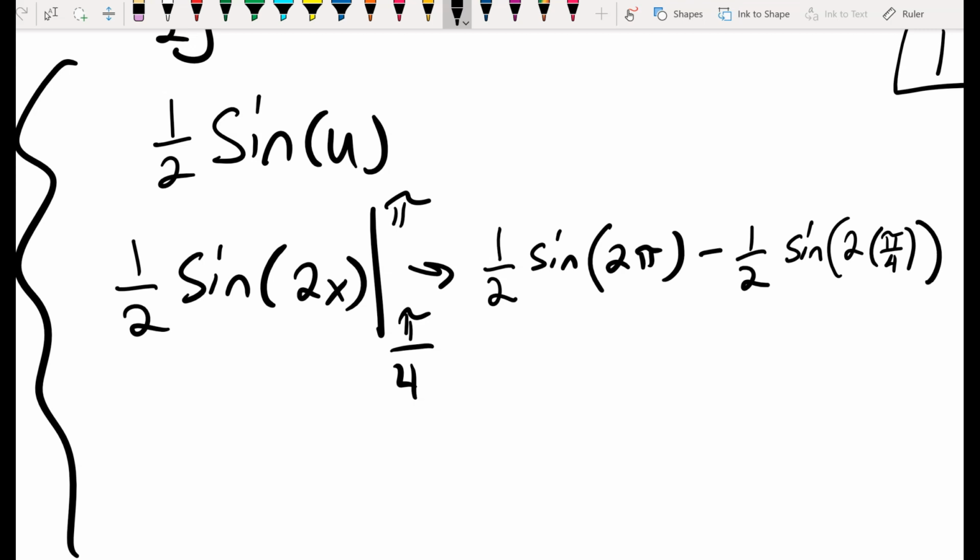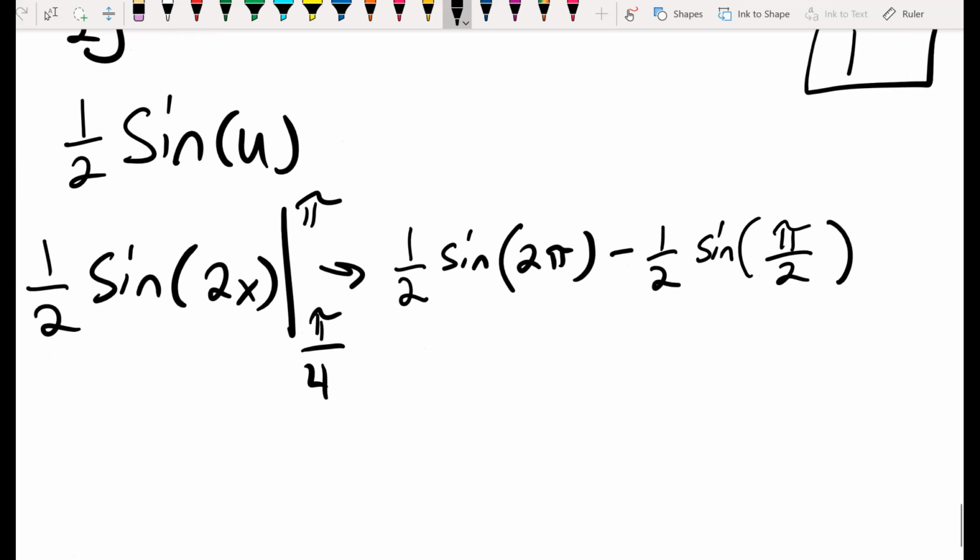Let's clean this up a little bit, right? 2 times pi over 4. Well, that's the same thing as 2 over 1 times pi over 4, or 2 pi over 4. Or if I reduce, 2/4 is just 1/2. So this is just pi over 2. Now, that's pretty helpful to me because pi over 2 is an easier one to remember.